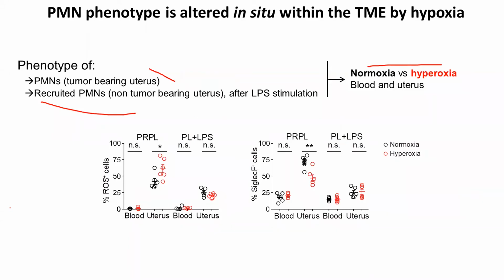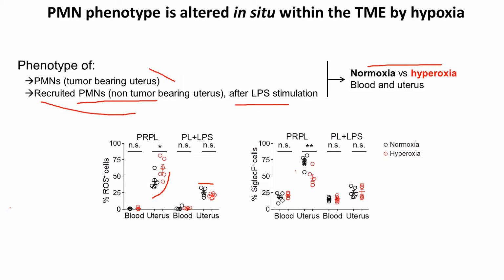As a point of comparison, we also assessed the phenotype of recruited PMN from non-tumor-bearing uterus, so a non-hypoxic environment, after intrauterine LPS stimulation. First, we noticed that the ROS expression was increased in PMN from uteri of hyperoxia PMN mice, which is consistent with the RNA-seq data, but not in PMN recruited after LPS stimulation.